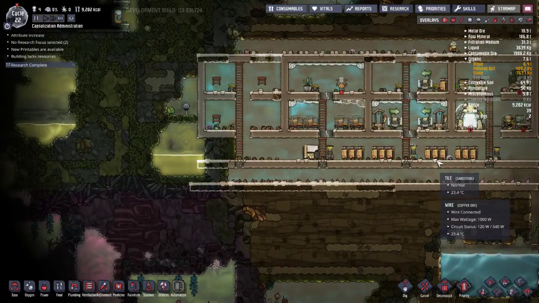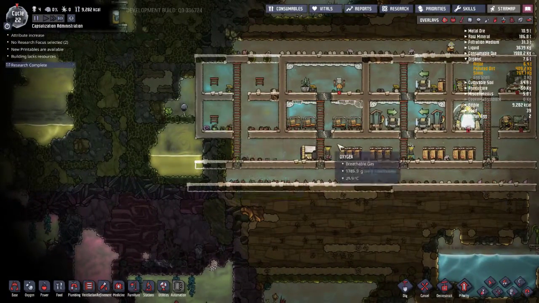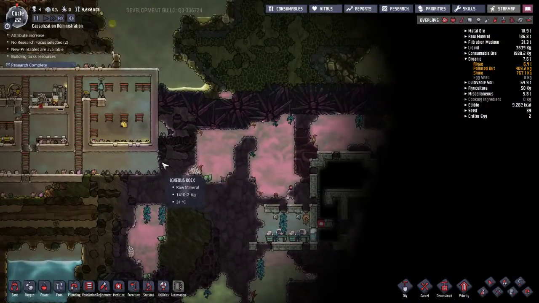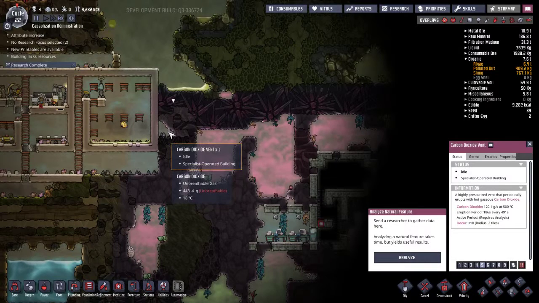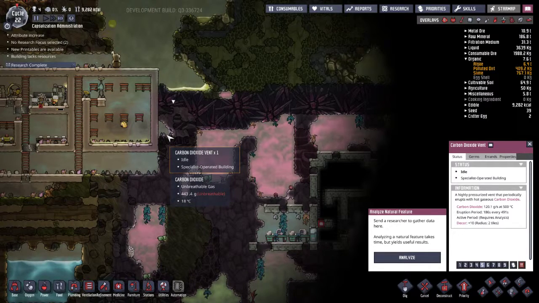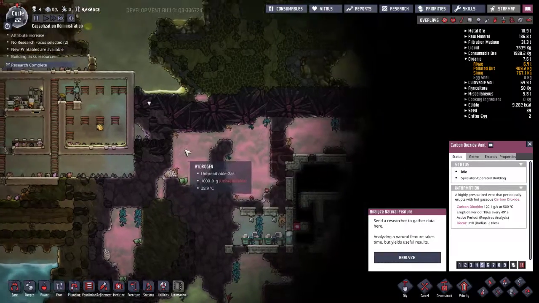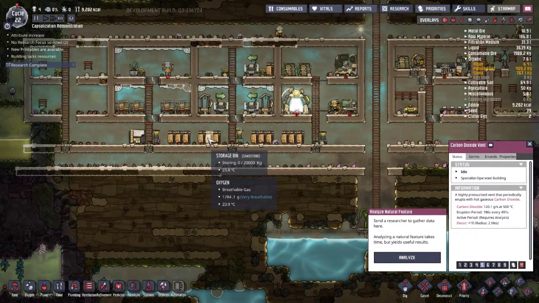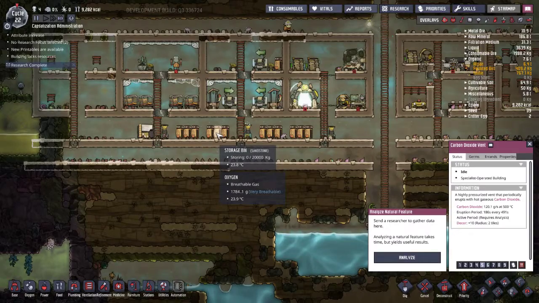It hasn't extended off into the other areas yet, but I am definitely going wide first. Right here is a carbon dioxide vent over to the right of my base. I plan on turning that into a Slickster oil farm. But yeah, I definitely really enjoy the uniform room sizes.